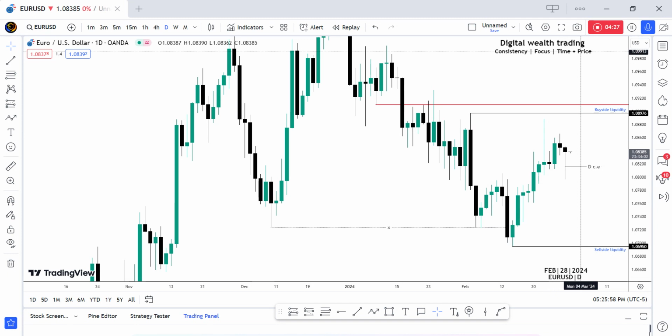It is a very interesting price move in euro today, as it has swept the sell side liquidity and provided a confirmation for a bullish market condition for tomorrow's trading, right? Because yesterday our bias was not fixed.